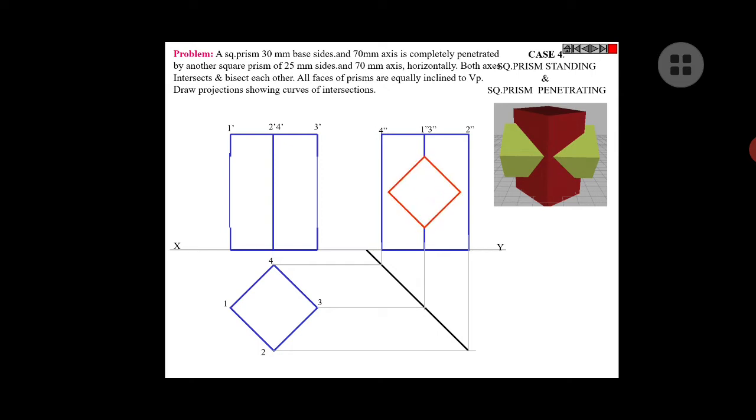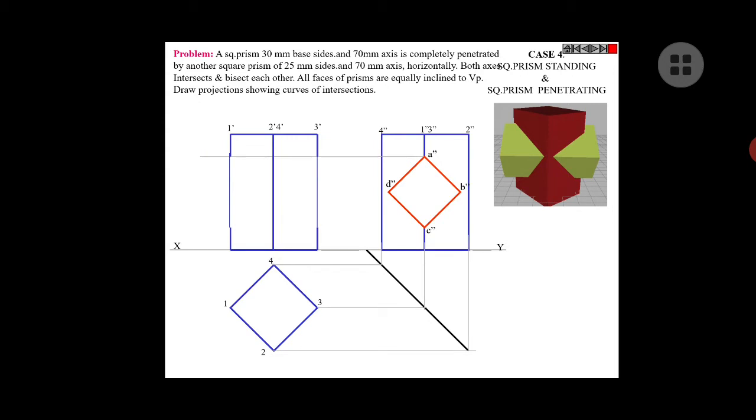Then draw the second prism, 25 mm sides and 70 mm axis. Both the prisms intersect and bisect each other. All the faces of the prism are equally inclined to VP. So draw the projection of the prism, name as A, B, C, D dash.